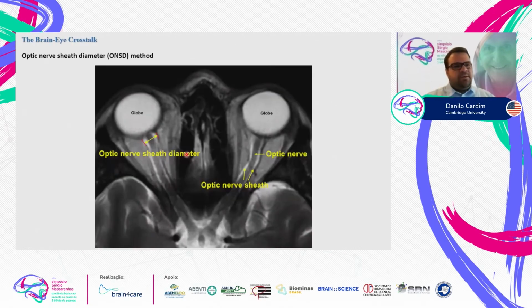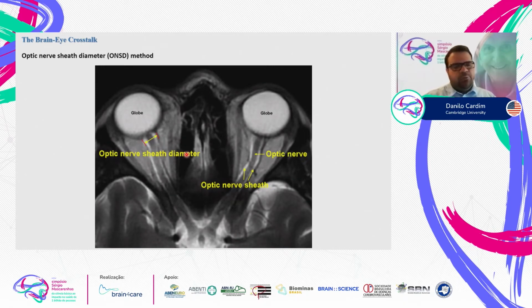And this method, because of its practicality, has emerged as one of the most utilized methods in comparison to more complex methods, for example, transcranial Doppler monitoring and assessment of the waveform.